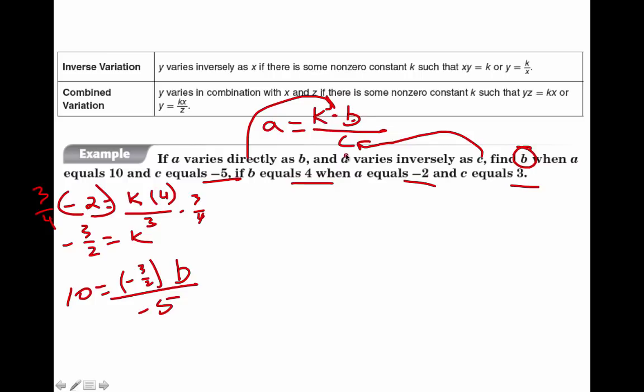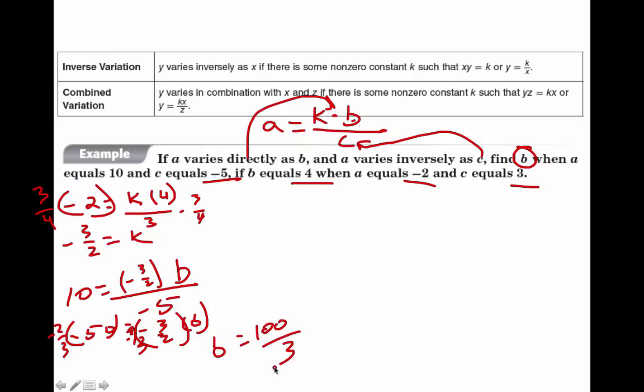I'm looking for B, and I know C is -5. Multiply by -5, and I get -50 equals -3/2 times B. Multiply by -2/3, and I get 100/3. B is 100/3. I think I did all that correctly. 100/3 would be 33 1/3.